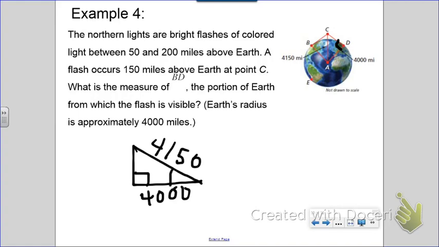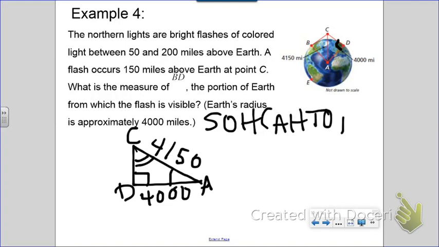We can find the angle, and the angle in question would be the angle C right here. SOHCAHTOA ratios will help us. We have opposite over hypotenuse, which is sine.